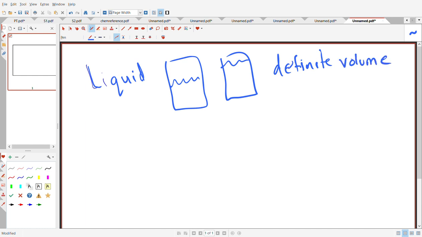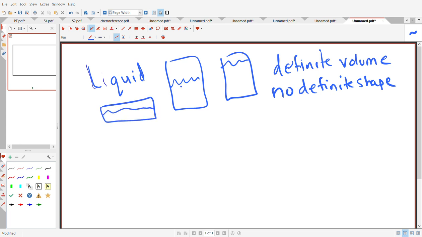We could measure out a certain amount, but no definite shape. Why no definite shape? Because you could have a fat glass like this and a tall glass like this, and you could trick a small child. You could actually put more in the fatter glass than the tall, skinny glass, and they'll pick the one that has more. But anyway, no definite shape. It takes the shape of the container.